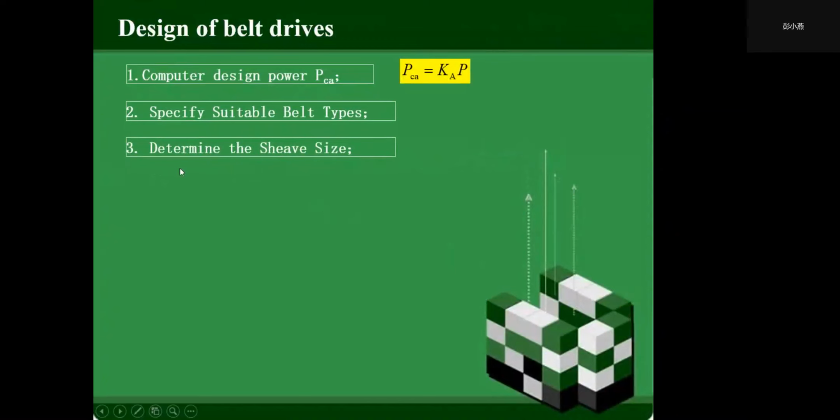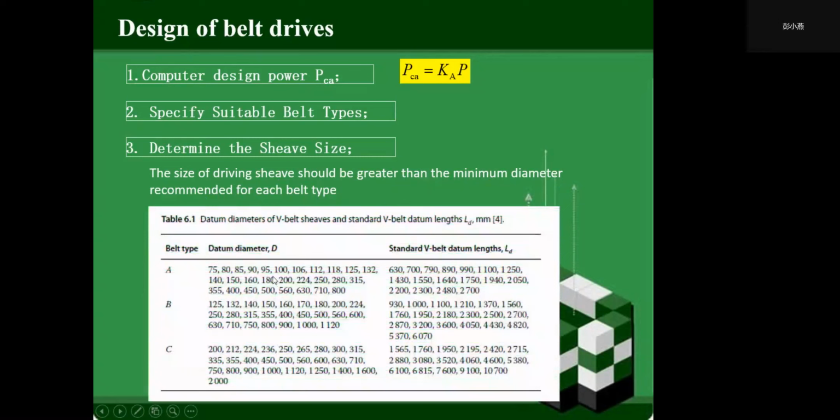And then determine the sheave size. The size of the driving sheave should be greater than the minimum diameter recommended for each belt type from the selection diagram. And the diameters are standard.